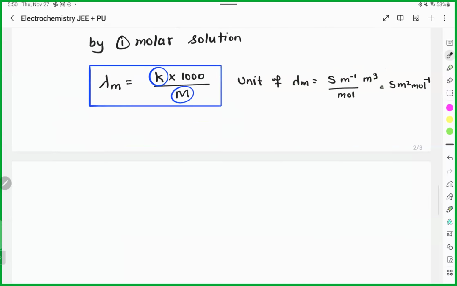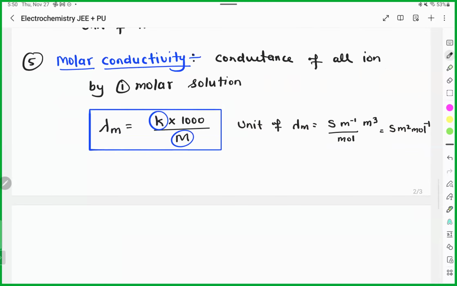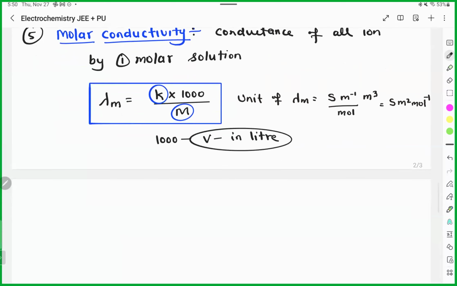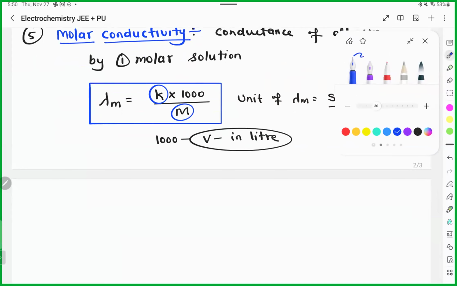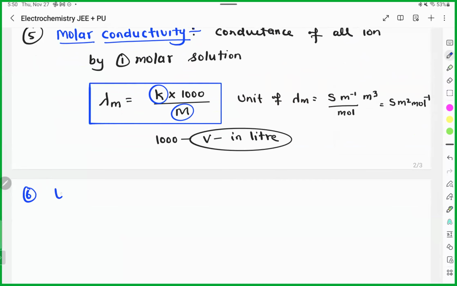Remember, you will take 1000 when volume is given in liter. Related to this, you have equivalent conductance or equivalent conductivity. Chinmay, what will be this? The conductance in one equivalent of solution, 1 gram equivalent, right?